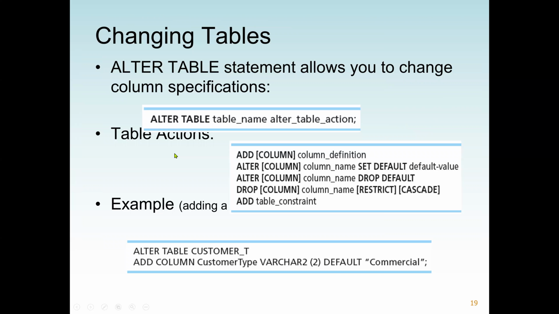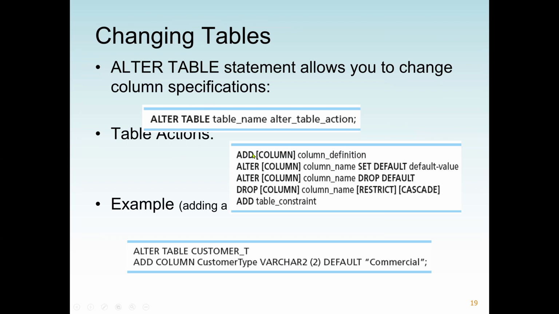Sometimes we may have tables that we want to change. We can change a table by using the keywords alter table. Alter table statements allow you to change the column specification. So it is alter table, the table name, then the alter table action.